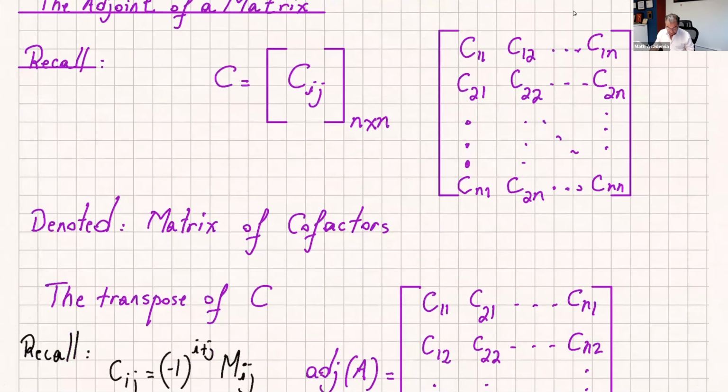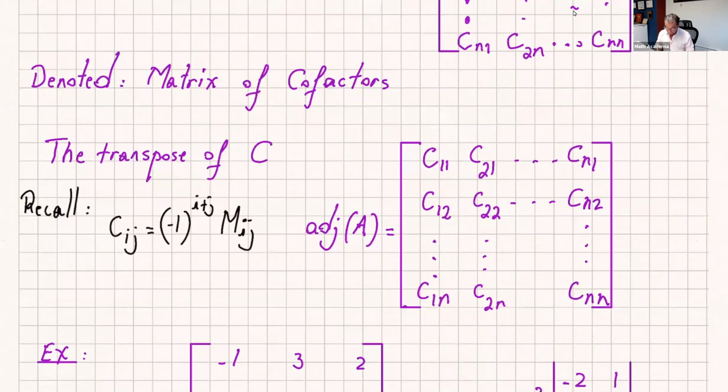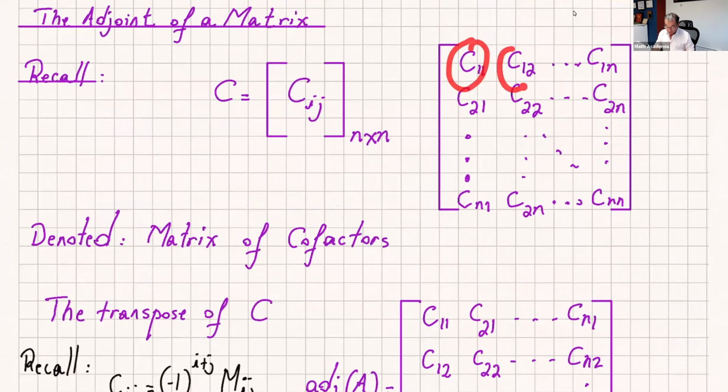We write that as a matrix of the cofactors. A cofactor Cij is -1 to the power of i plus j times M, which is the minor of ij. So what you can do is calculate the matrix of the cofactors.